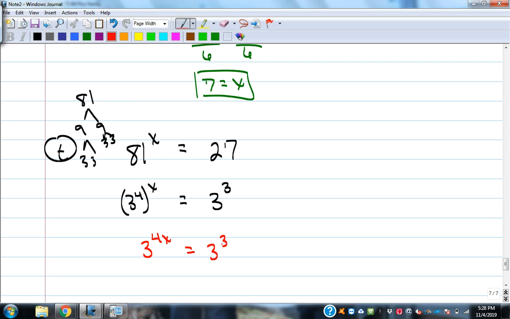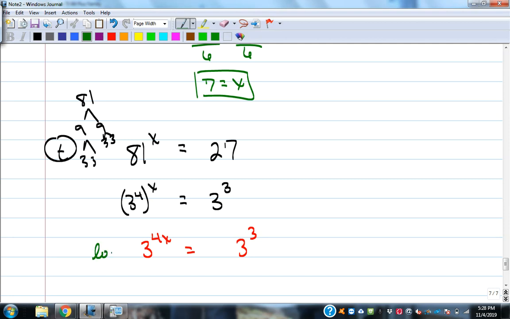And what we did in the previous section is we just ignored the bases and said, oh, they're going away. It should be 4x equals 3. But mathematically, we were kind of doing a hand-waving thing and saying, okay, we'll just ignore the bases. There's actually some math that goes in with getting rid of those bases. The way to get rid of those bases is to take the log of the same base.